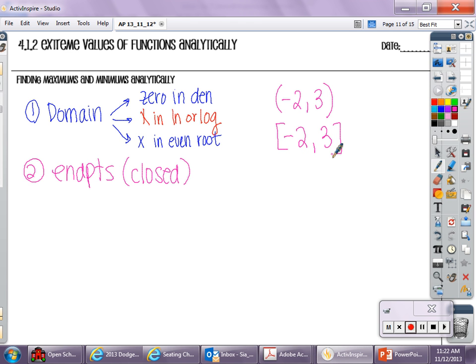Okay? So these are open, and this is closed. This one closed has endpoints, the other one does not. Okay? Be careful with that. All right, so right here, at this step, now you can check if EVT holds. Why is that important? Because if it holds, Matthew, what are you guaranteed if it holds?